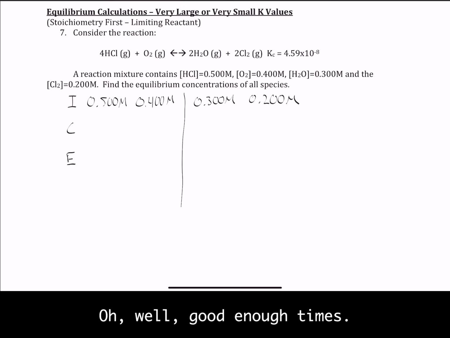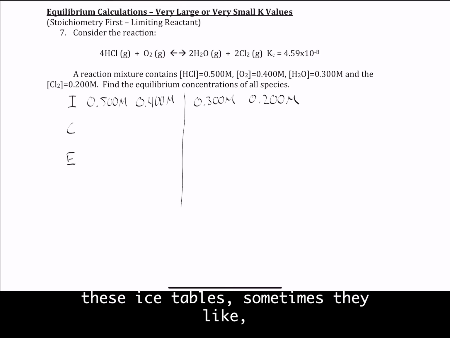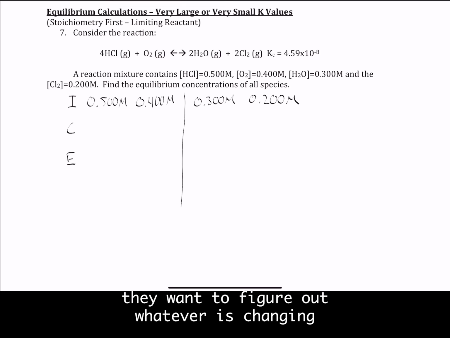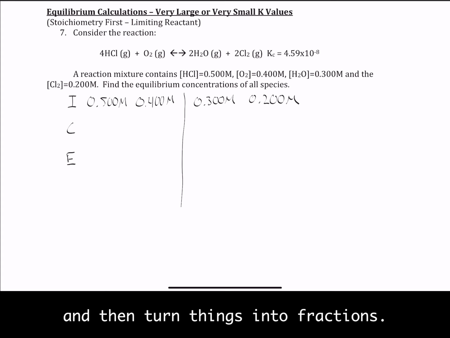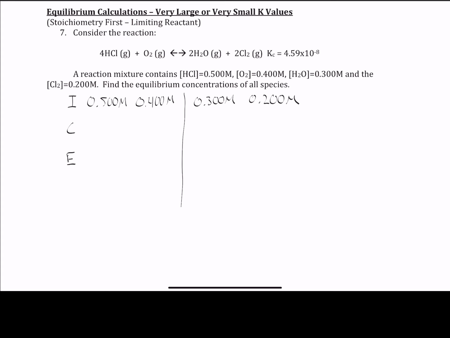Good enough times I need to mention, the way Alex explains these ICE tables, sometimes they want to figure out whatever is changing and then turn things into fractions, which I'm not a fan of.